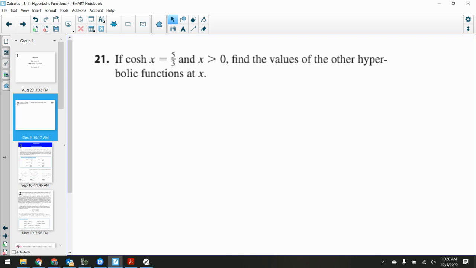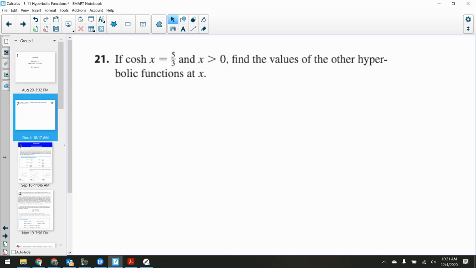All right, we had a question about 21, so let's get to it here. Let me review my notes here. Okay, so this is one where we just have to find all of the other hyperbolic functions, right? So let me get my cheat sheet. Here we go.